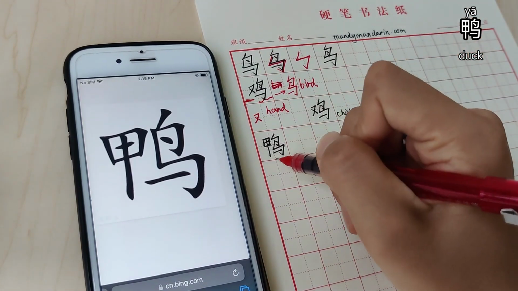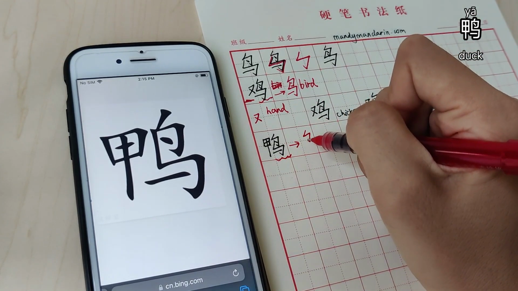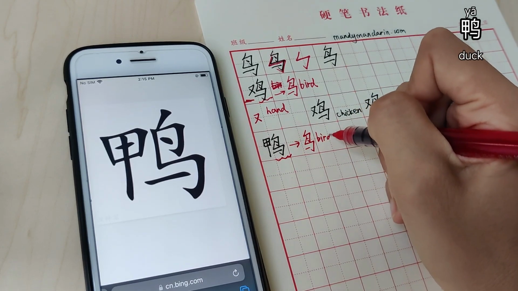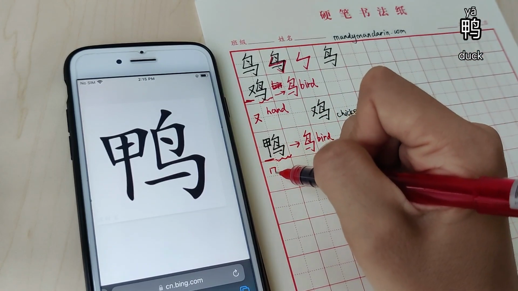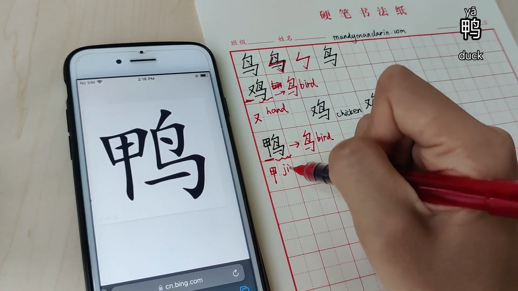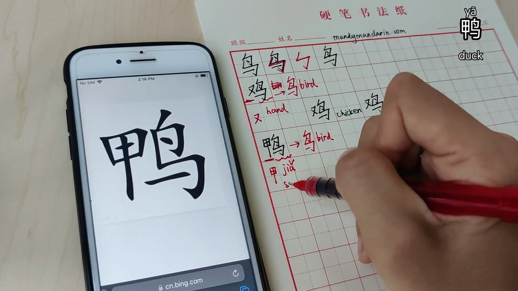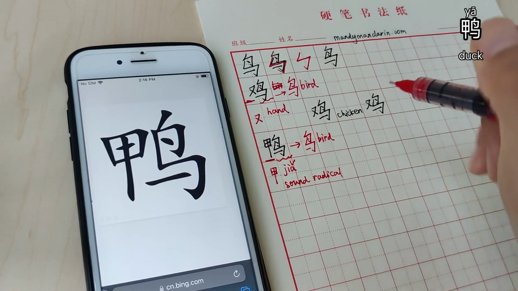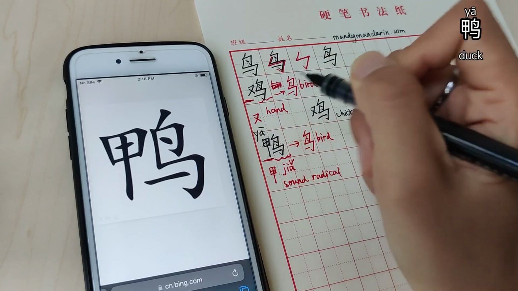So it's ya. Okay, so we already knew that on the right part, this is the bird. But on the left, this part is 甲, so it's a sound radical for the ya, because this is ya.